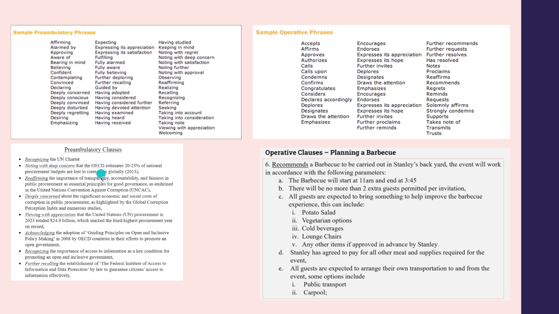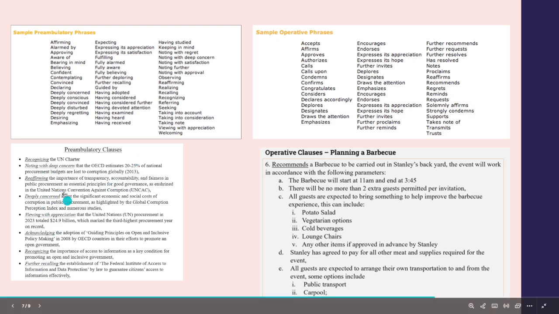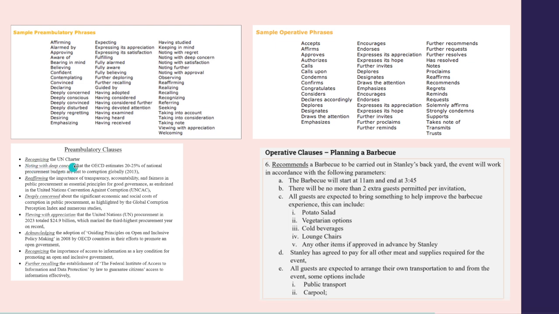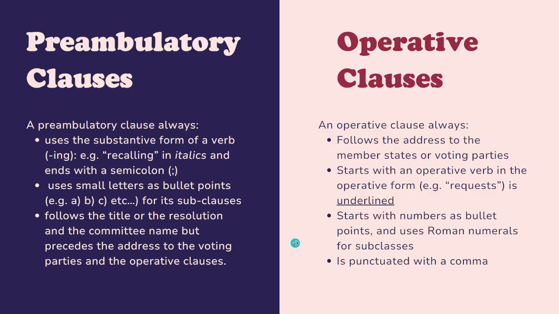It's something you can also start with, but it's not compulsory. Over here, I took this from somewhere, and they have made a mistake. They have underlined it as well. It's not really necessary. The underlining really comes into place when you're talking about the operative clauses. As you can see, with operative clauses you first start with the number, then letters, and then Roman numerals. I think I made a mistake here, so just correct that.